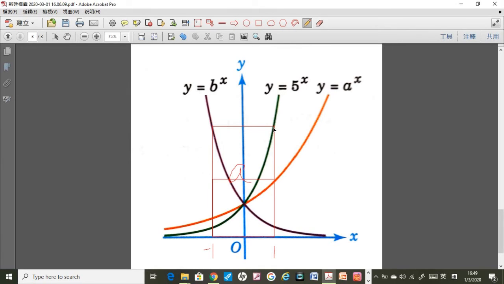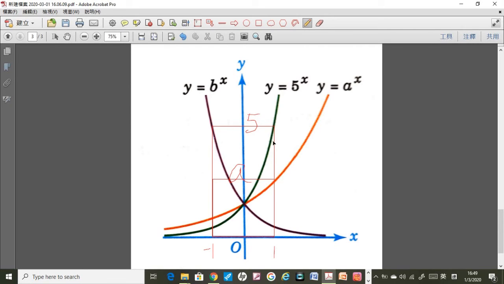And for the green line, when you put x equal to 1, you will get 5 to the power 1, so that means this is 5. So 5 is higher than a, so we can say a is less than 5.